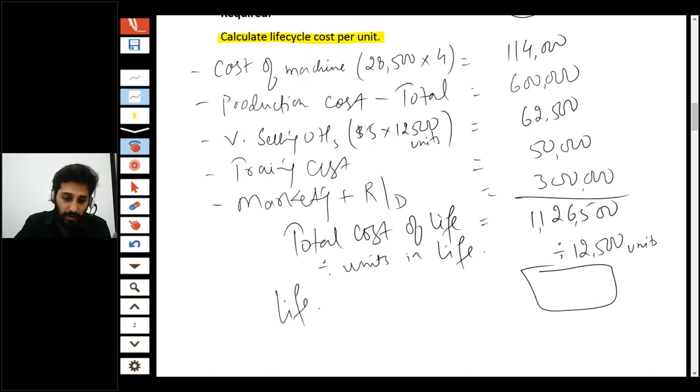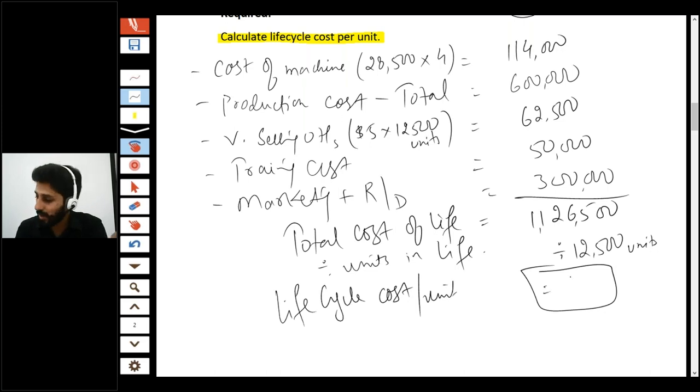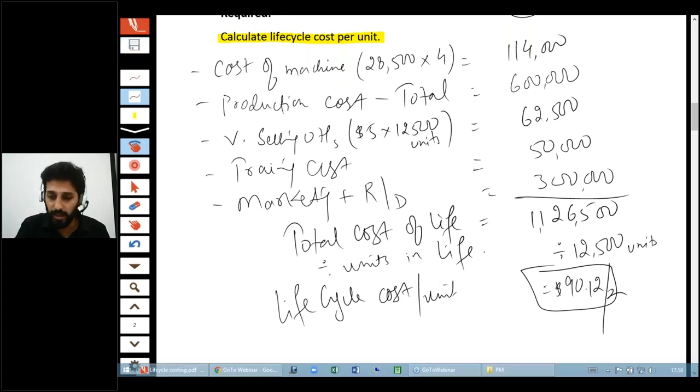So that is life cycle cost per unit, that's 90.12. And those who were responding to me in the question box have the accurate and correct answer.